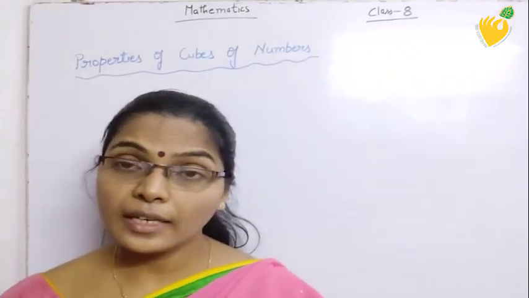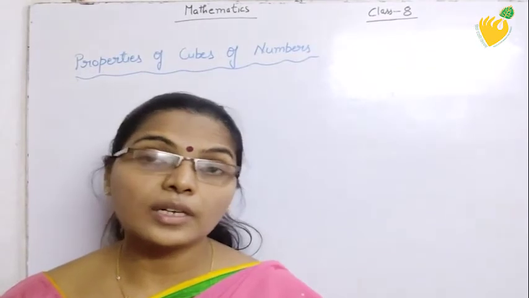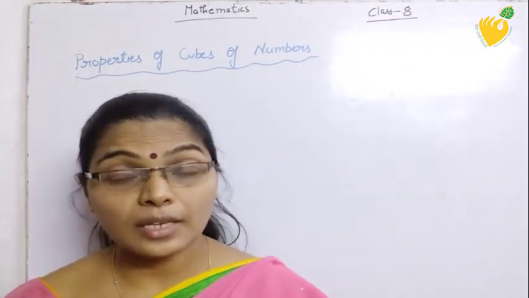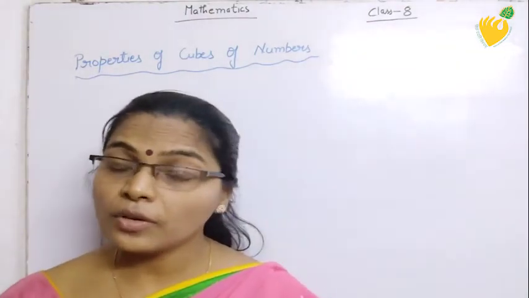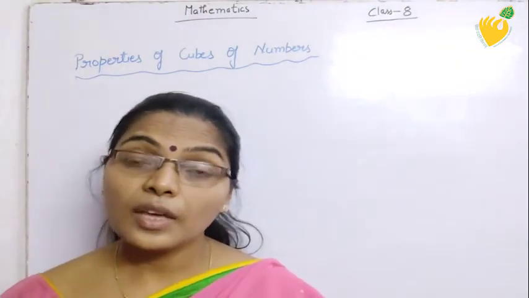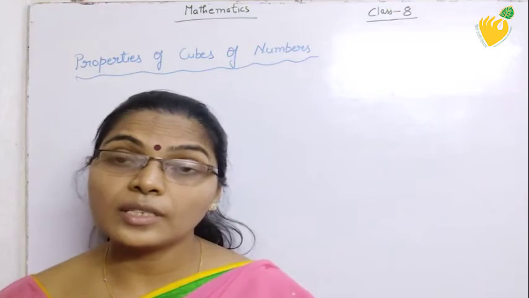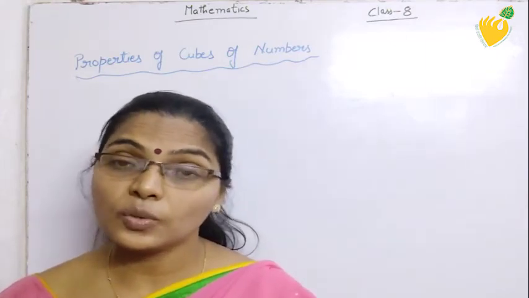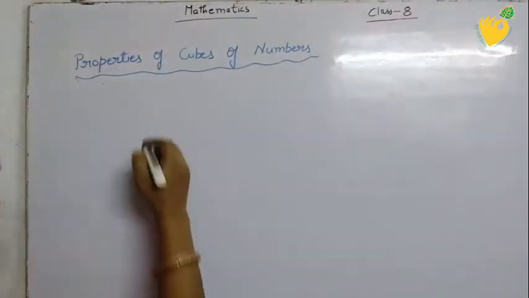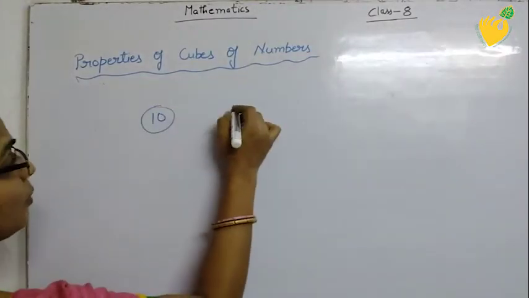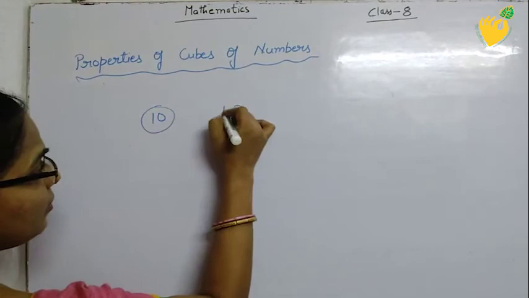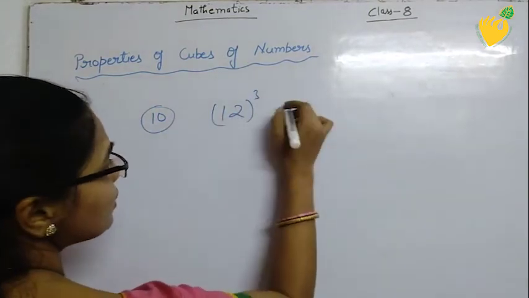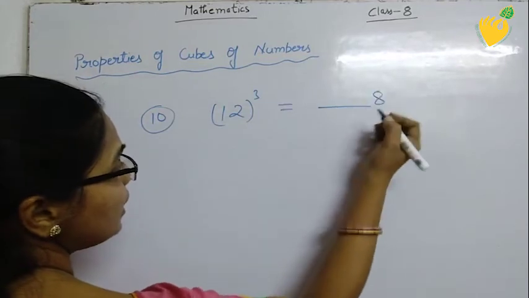Next property is, students, that if any number ends with the digit 2, then the cube of that number will end with the digit 8, and vice versa, if any number ends with the digit 8, then the cube of this number will end with the digit 2. See how. Suppose we are taking the number 12, then the cube of this will end with the digit 8.